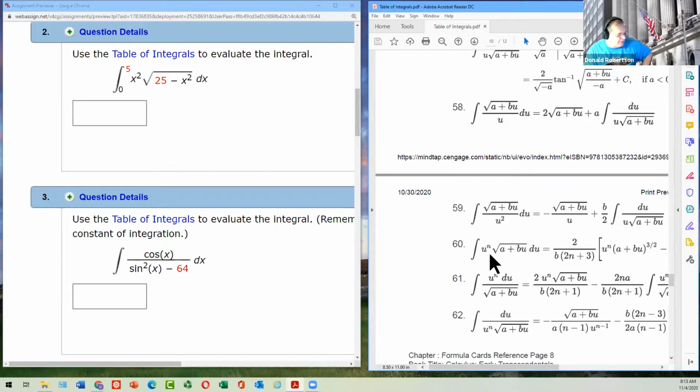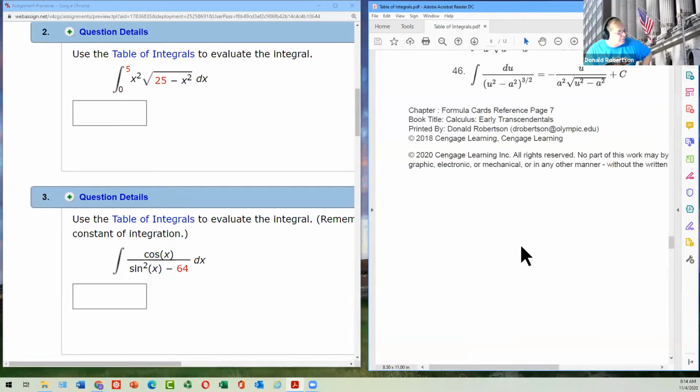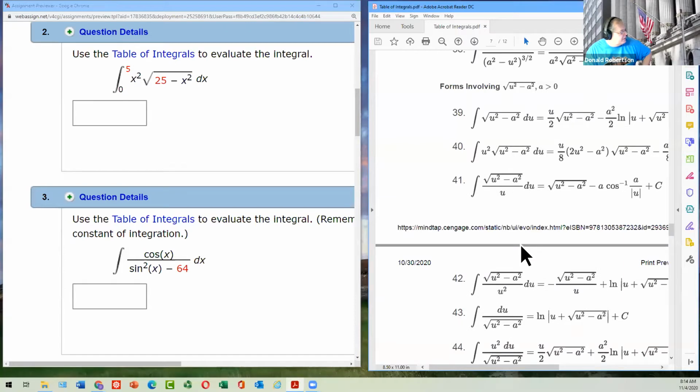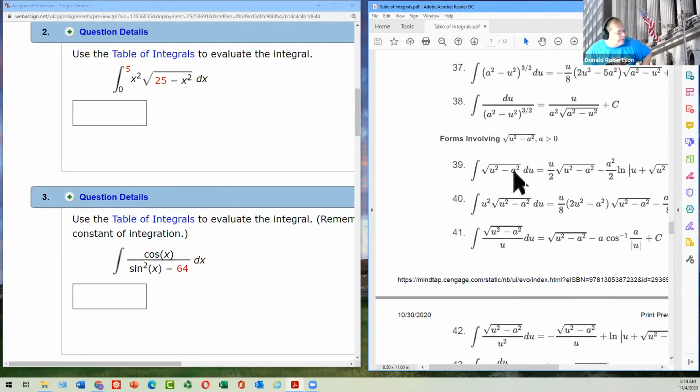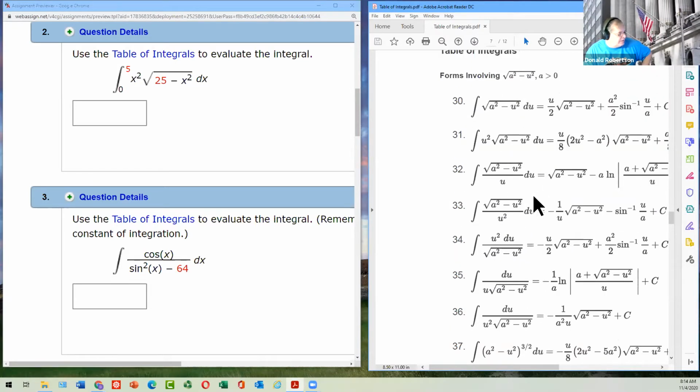And there's one. Can you see that guy there? Now, is that quite the right one? You had a plus there. I think I might want a minus because it's 25 minus x squared. And I think I am in the right one.